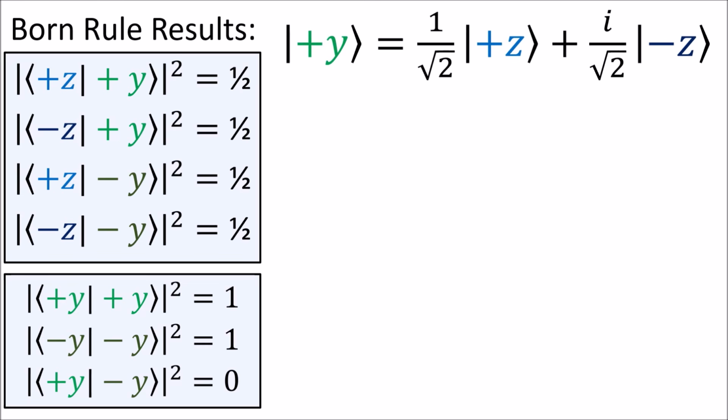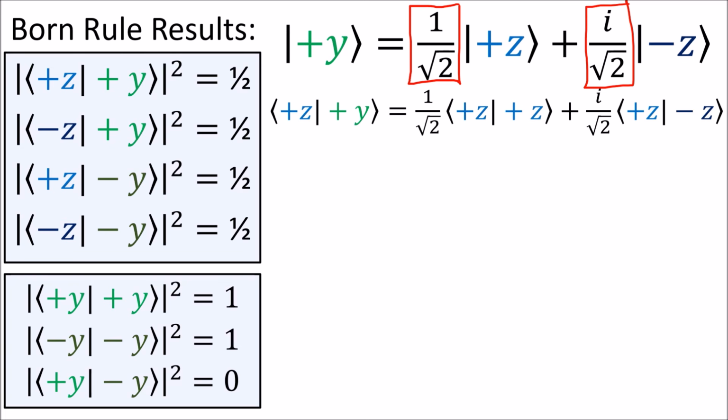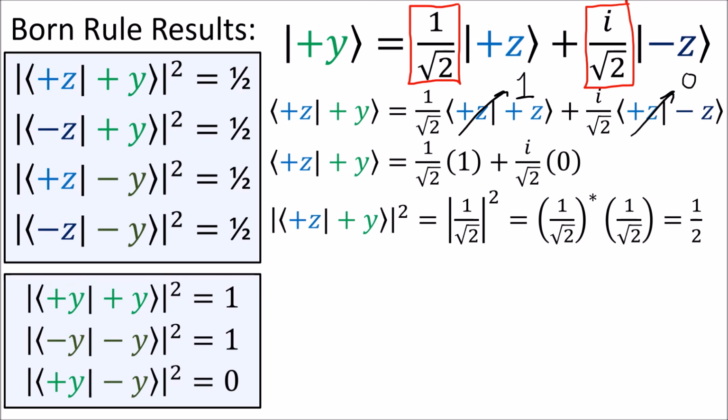We'll write the plus y state as a superposition of plus z and minus z using the coefficients 1 over the square root of 2 and i over the square root of 2. If we calculate the inner product of the plus z and plus y states, and then find the squared magnitude, we get the expected probability of 1/2.